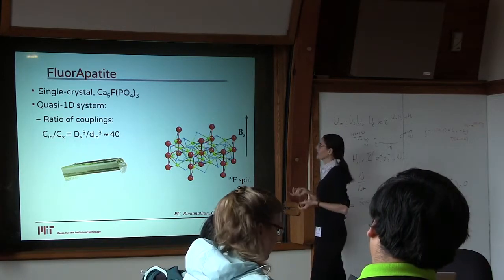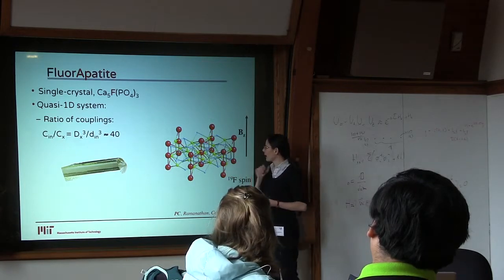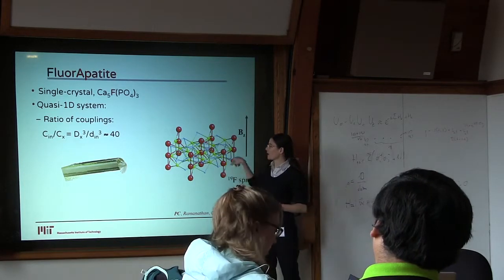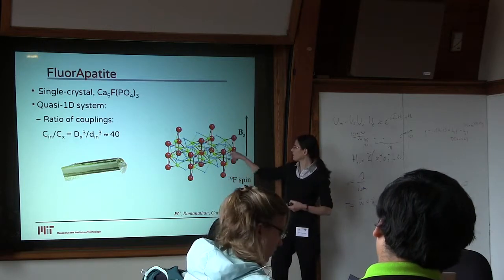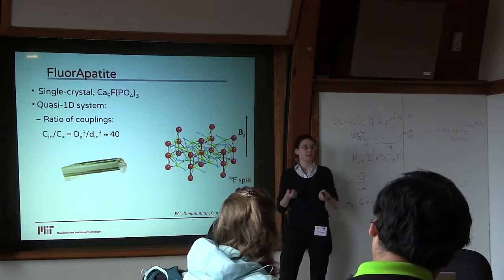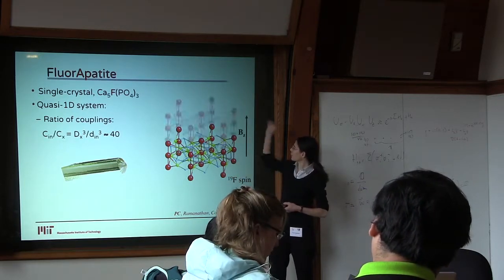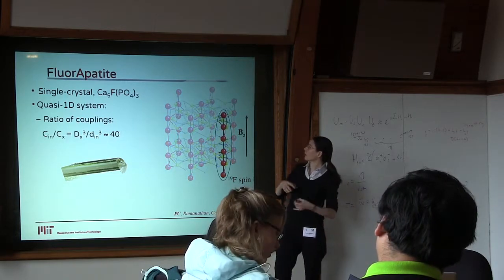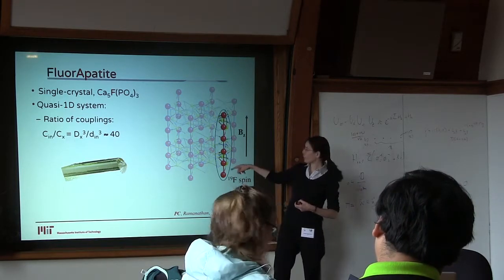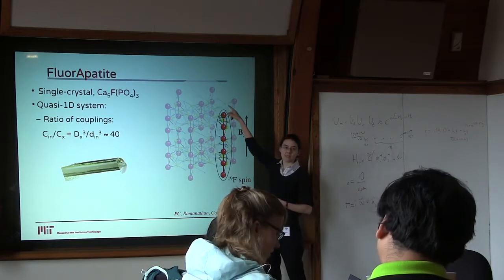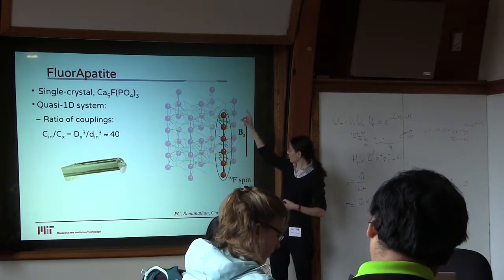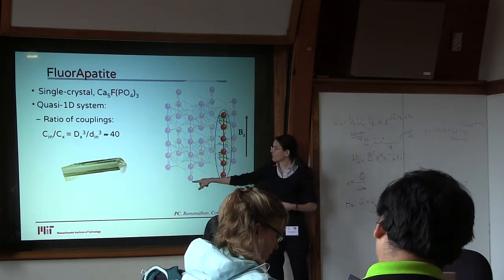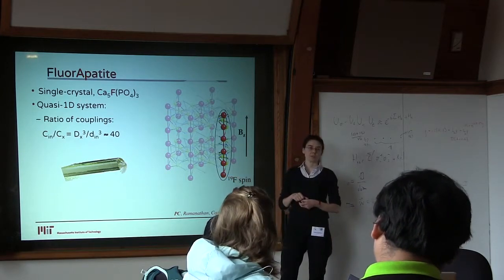So why do I have chains here? This is the basic lattice structure. It's basically a hexagonal structure where these red spheres are fluorine-19, spin 1/2. And if you put many of these basic cells on top of each other, what you start seeing emerging are these chains of spins, which are very close to each other, while the distance between chains is much larger.